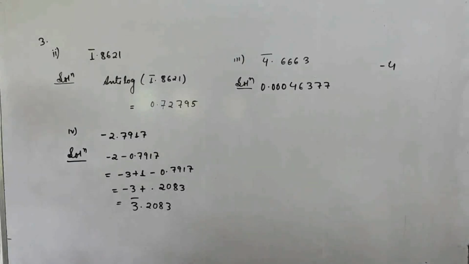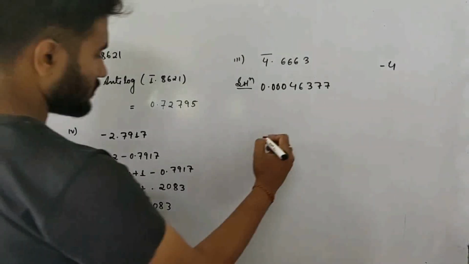Okay. Now my mantissa is positive. Is the subtraction correct or no? 2.7917. So let me check the subtraction.